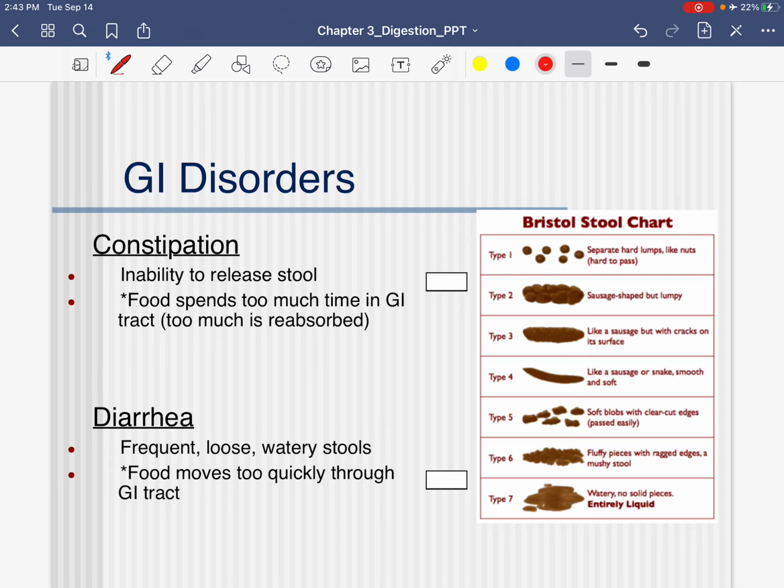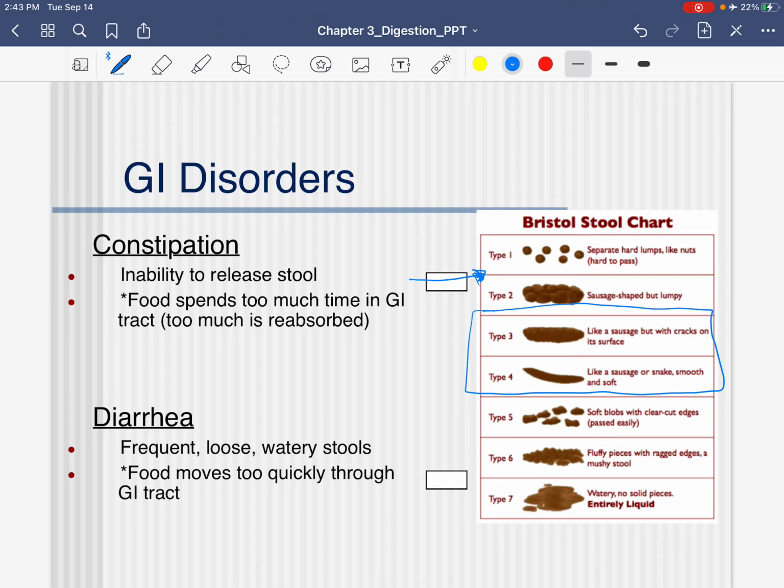So we talked about the stool chart, didn't we? And we said types 3 and 4 would be considered quote-unquote normal poop. Well, what if you're up here? If your poop is too runny, there's a lot of water. Because remember, we want our large intestine to be able to reabsorb water back into the body, which means that we're not pooping it out.